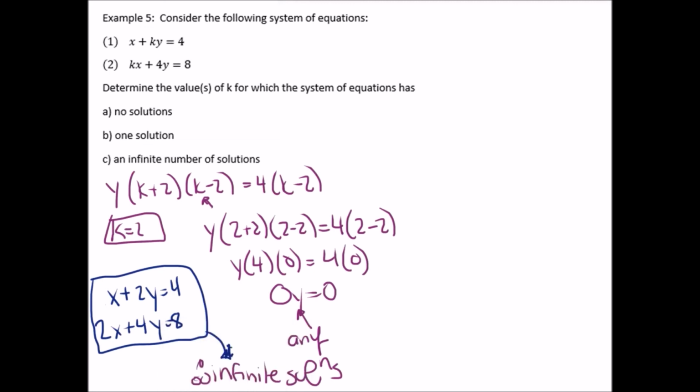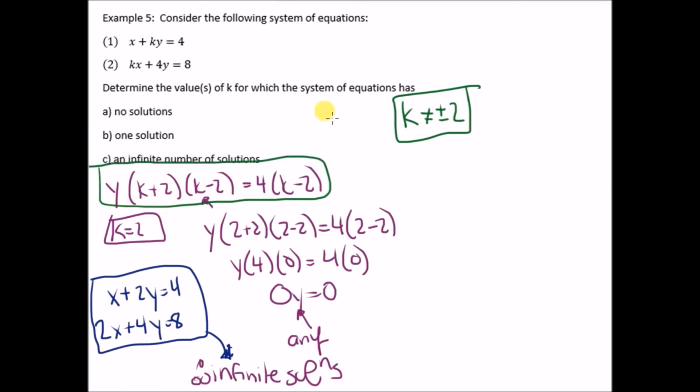Now let's test when k does not equal plus or minus 2. Plus 2 and minus 2 worked out perfectly fine, so now let's test when k does not equal one of these special values. Just out of common sense, if we don't have plus or minus 2 in here, we're going to have some number times y, so let's call it ay, and it's going to equal some number b.